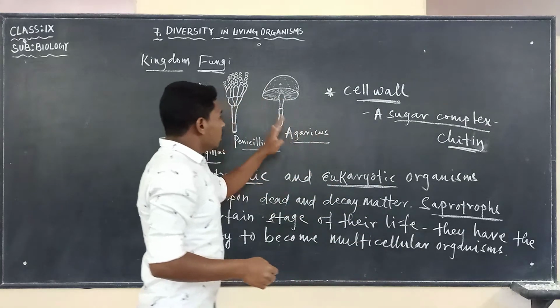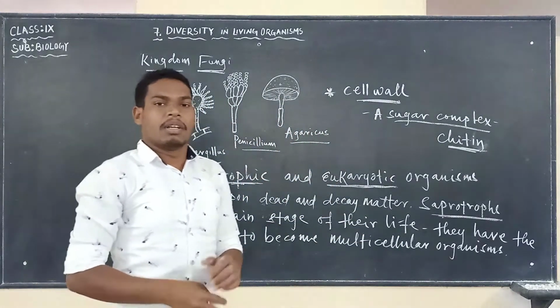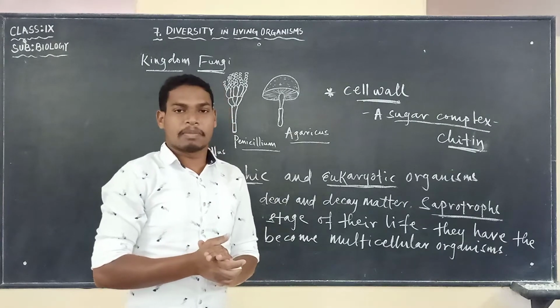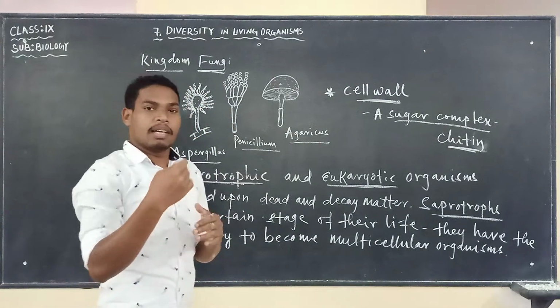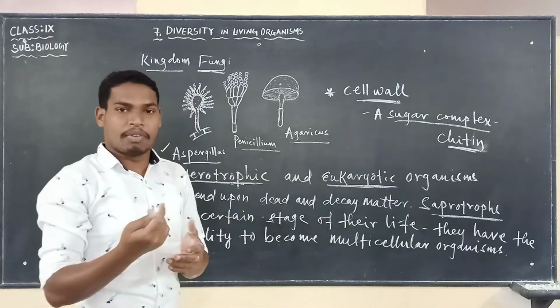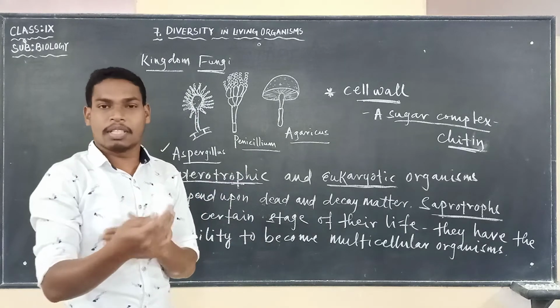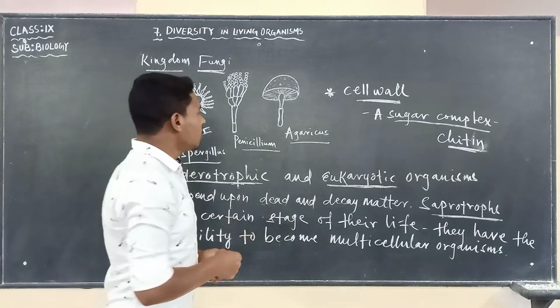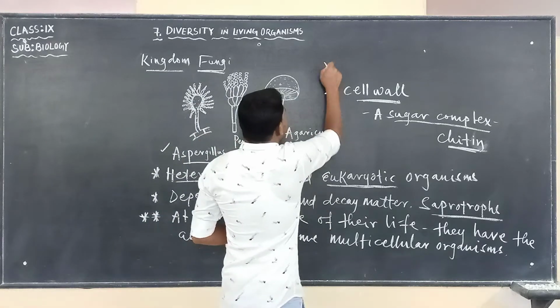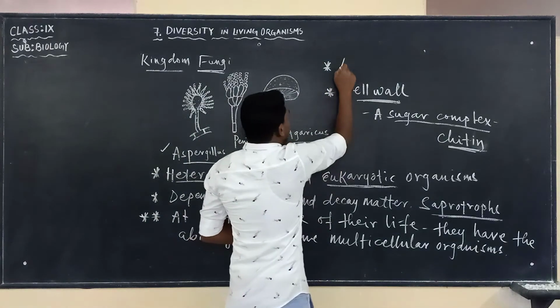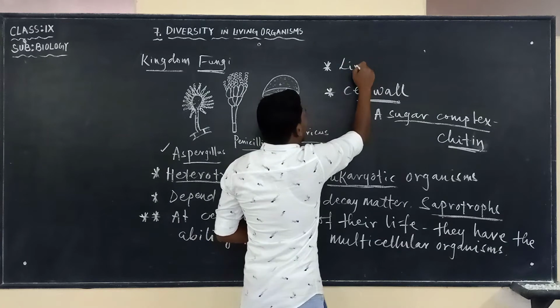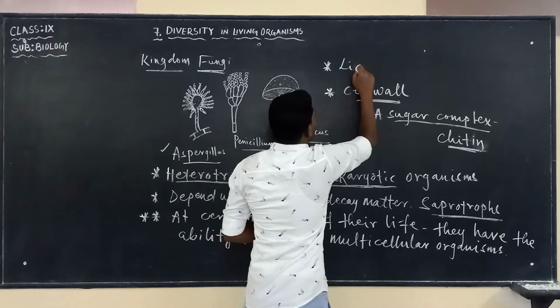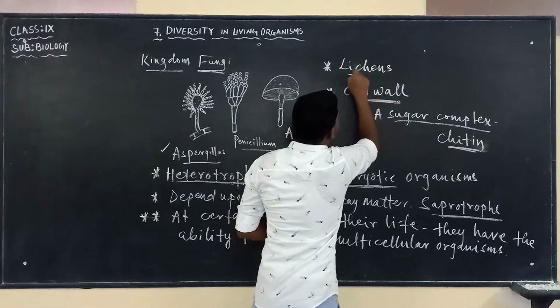Some fungi also live along with algae. They have an association with algae, and they form what? Lichens. So some fungi live together with algae and form lichens.